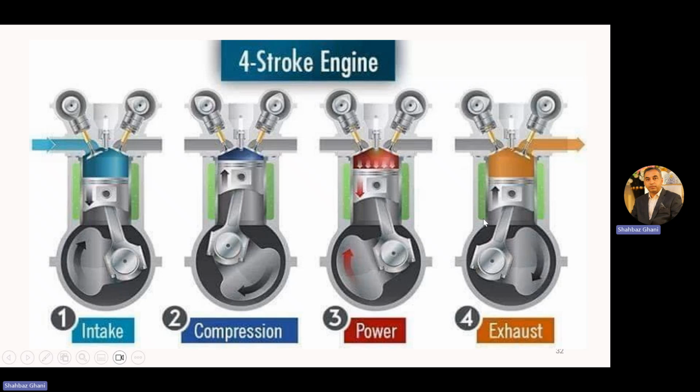When the piston starts its movement from BDC to TDC, your exhaust valve opens and you have an exhaust stroke. So these are the basic four strokes: intake stroke, compression stroke, power stroke, and exhaust stroke. Basically, it's the piston movements from TDC to BDC and BDC to TDC, and the function of a spark plug, the combustion.